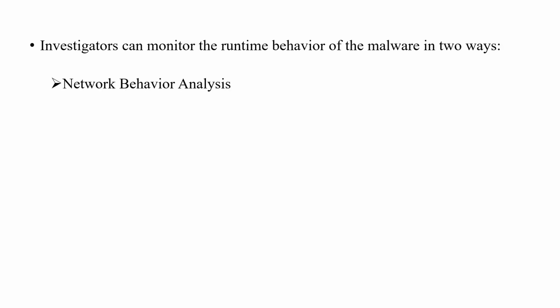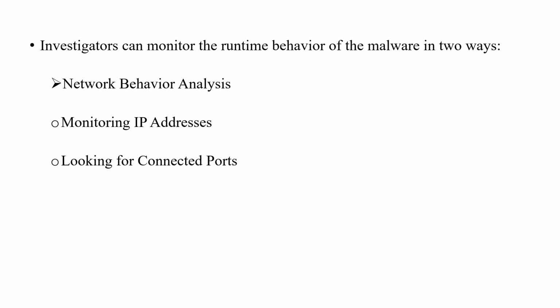The next runtime analysis method is network behavior analysis. It involves tracking the malware's network level activities and includes monitoring of the following network properties: IP address, then the ports which are connected, and examining DNS entries.